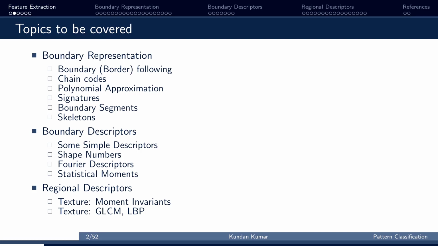An external representation is chosen when the primary focus is on shape characteristics. An internal representation is selected when the primary focus is on regional properties such as color and texture. Sometimes it may be necessary to use both types of representation. In either case, the features selected as descriptors should be as insensitive as possible to variation in size, translation, and rotation.